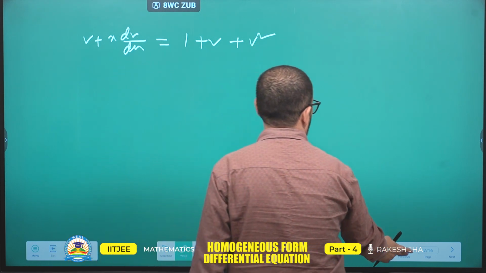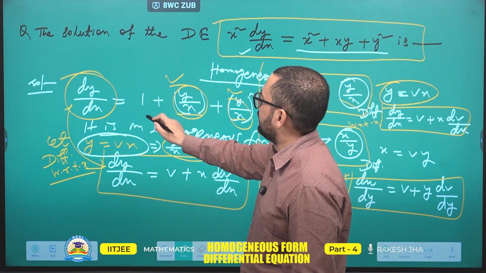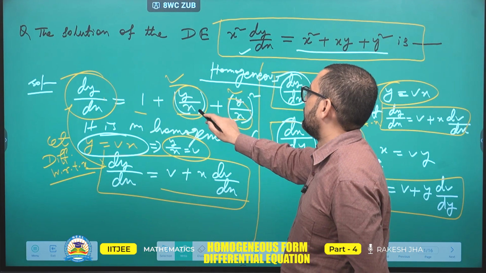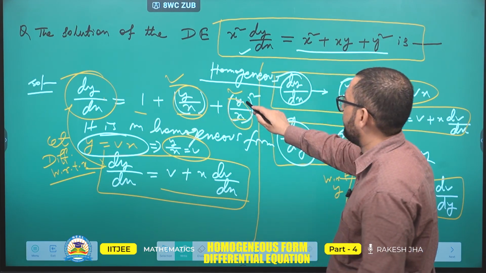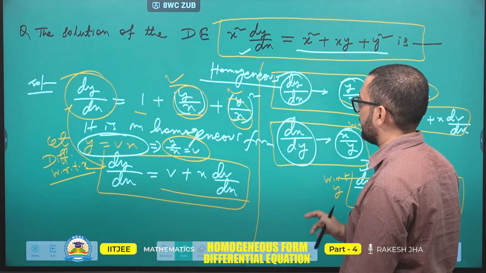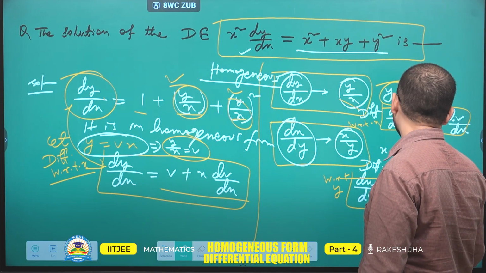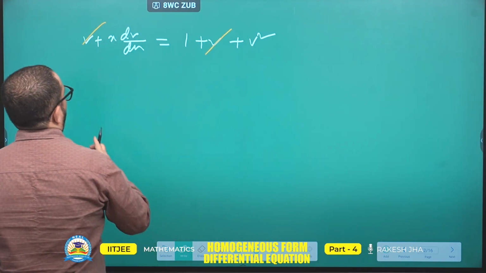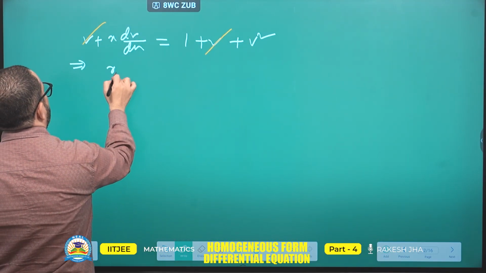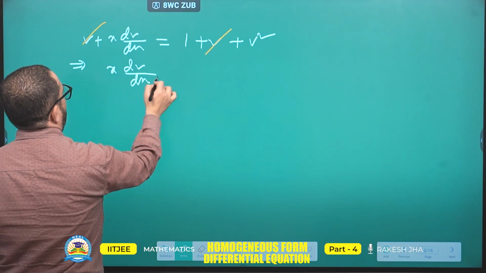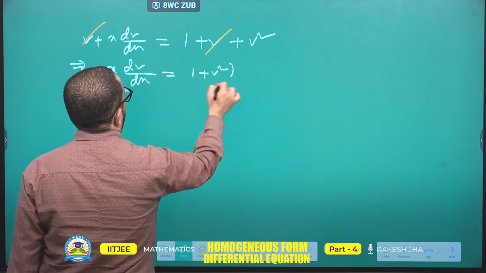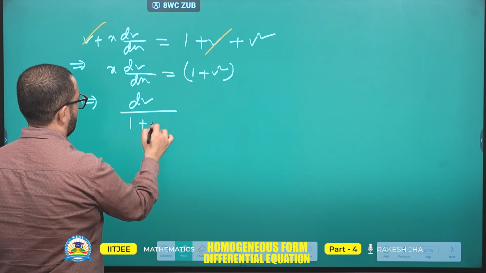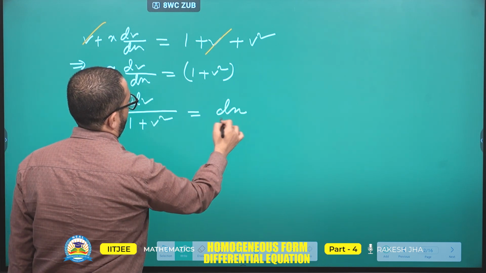Let's cross check. 1 is here, in place of dy by dx this substitution we have made. y upon x is v, and y upon x whole square is v square. So 1 plus v plus v square. If you see here, v and v cancel on both sides. We are left with x times dv by dx is equal to 1 plus v square. If you arrange it, dv upon 1 plus v square is equal to dx upon x.